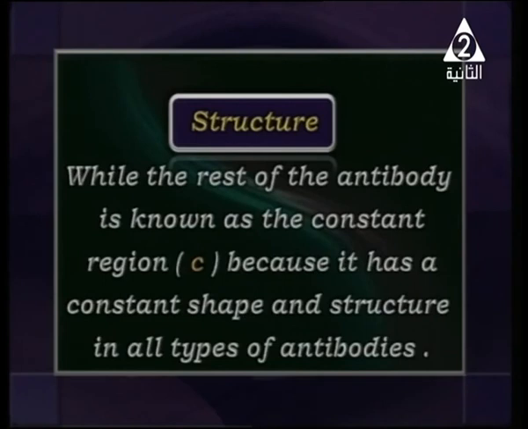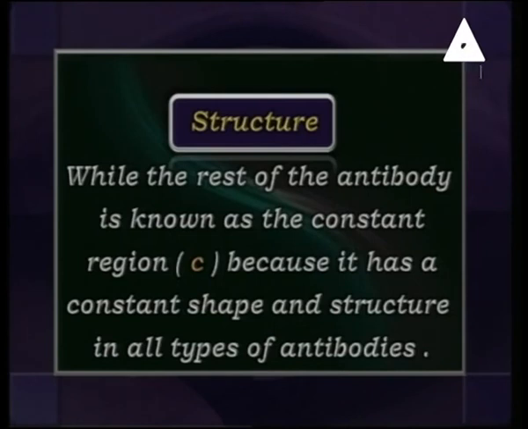The remainder of the antibody is known as the constant region. Again, the antibody consists of two main parts. One is variable, we call it V, and the other is constant and doesn't change, and we call it C, because it has a constant shape and structure in all types of antibodies, contrary to the V region, which varies from one antibody to another.